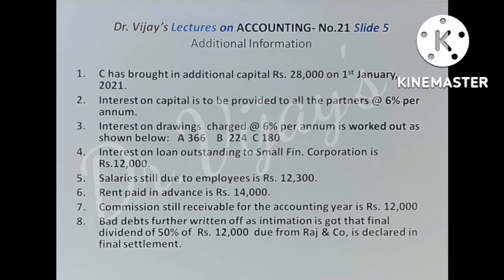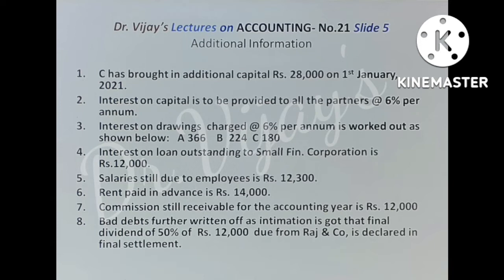But while calculating interest on capital for this 20,000, it should be done only for 6 months from 1st January to 30th June. For whatever remaining capital is there, that was there from the beginning of the period, and so for that it can be calculated for 1 year.